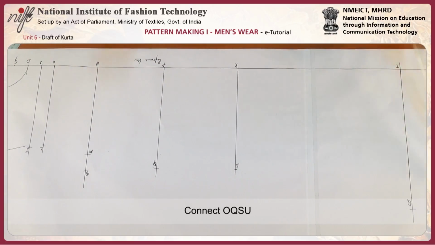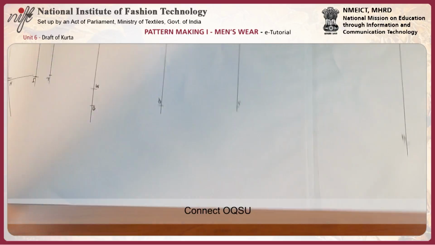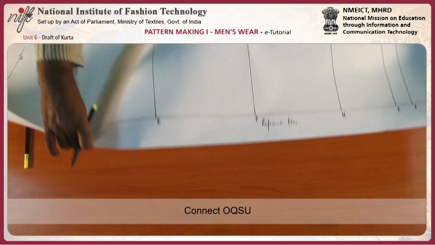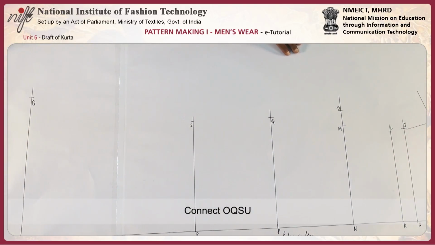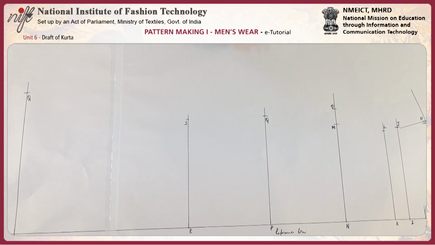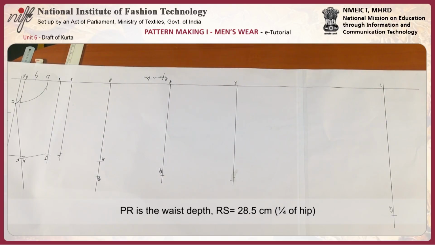You can also turn the paper. P to R is a waist depth.